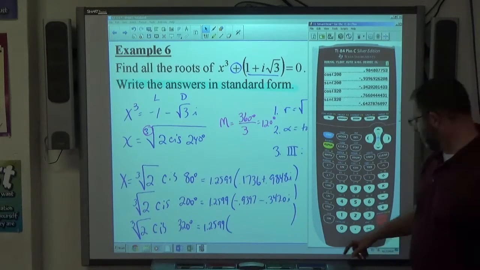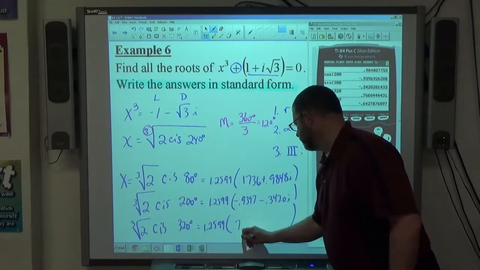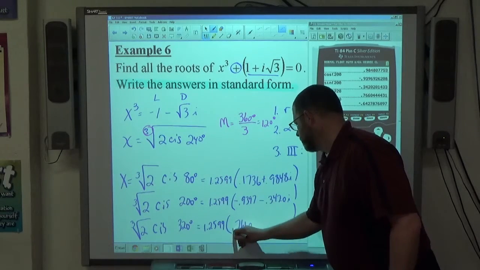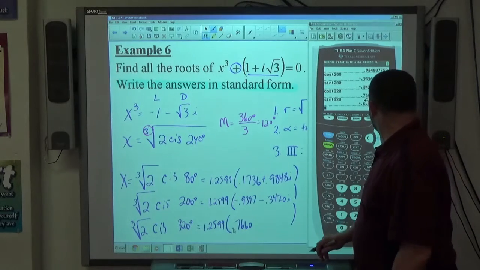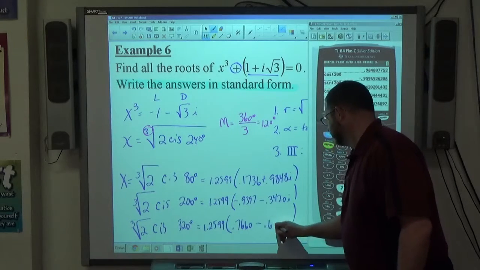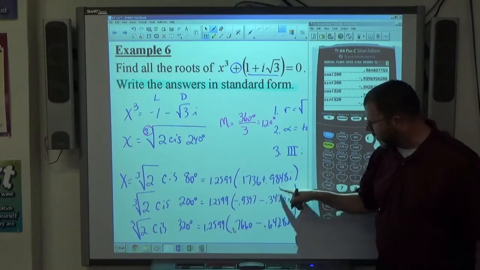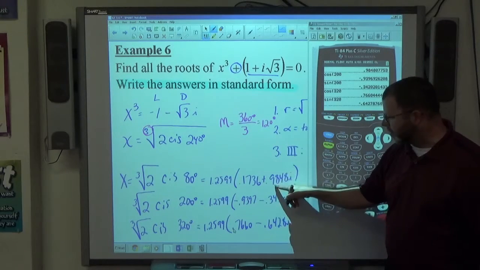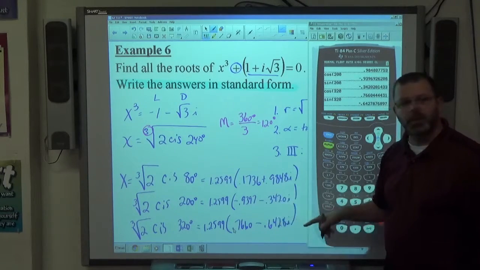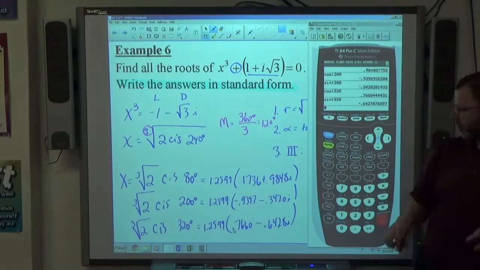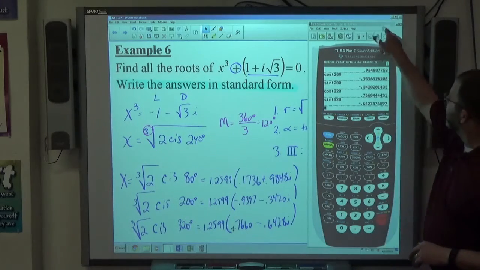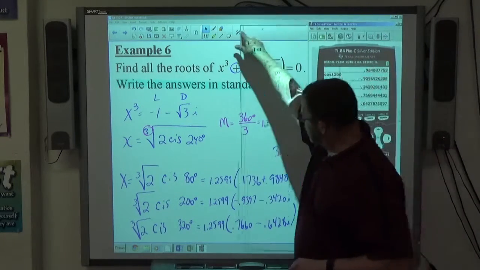That comes out to 0.7660 and negative 0.6428. So each time cosine in front, sine i in back. So sine times i, sine times i, sine times i. So you get your sine value with the i attached to it. And that gets me my answers structurally made.